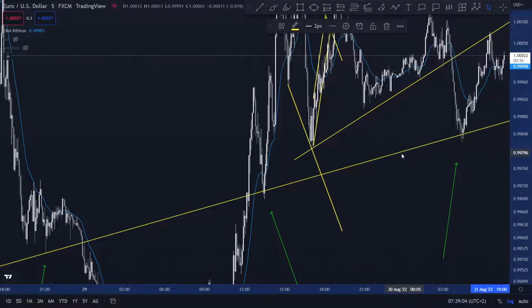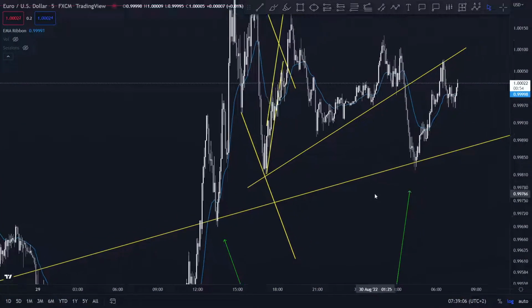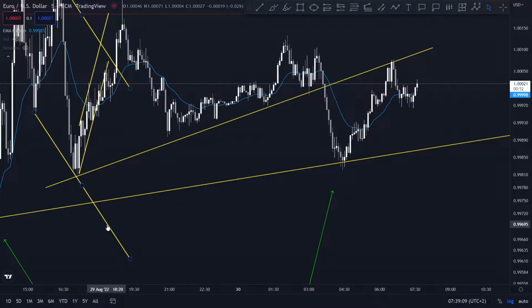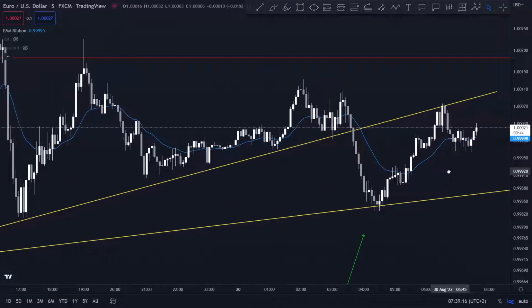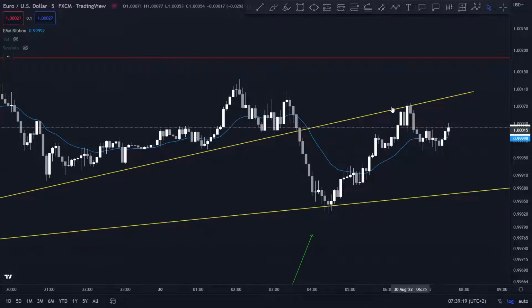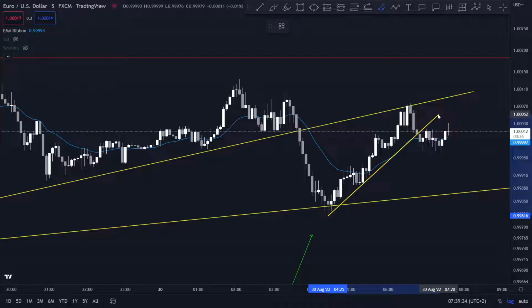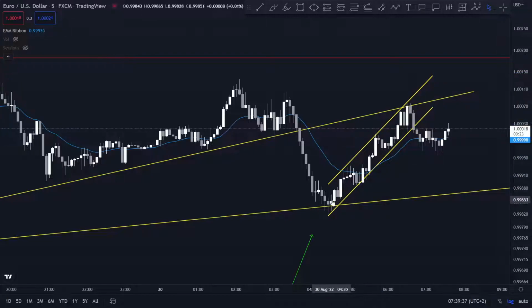This is here the 1 hour trend line. This is a very tight bull channel.